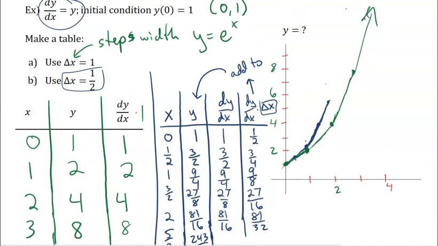So 2 1/2, something a little bit less than 8. Right about there? Sure. Either way, we see that we have this approximation for the curve y equals e to the x found by using successive linear approximations using the tangent line.